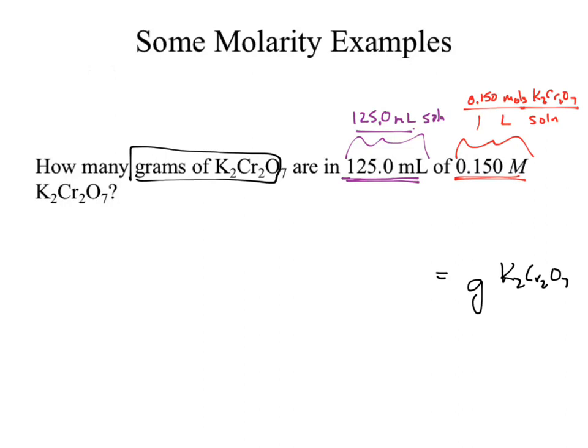In the top. Which means when I go through and use this red number, where should the substance show up? On top. Okay. I'm going to be a little bit weird with the order here. So my substance was moles of potassium dichromate. The unit on the bottom was liters of solution.